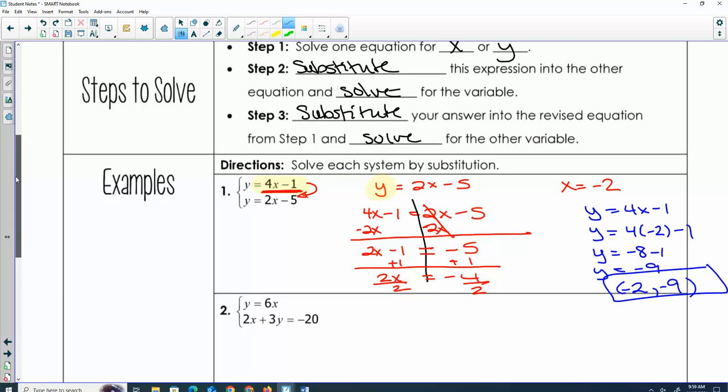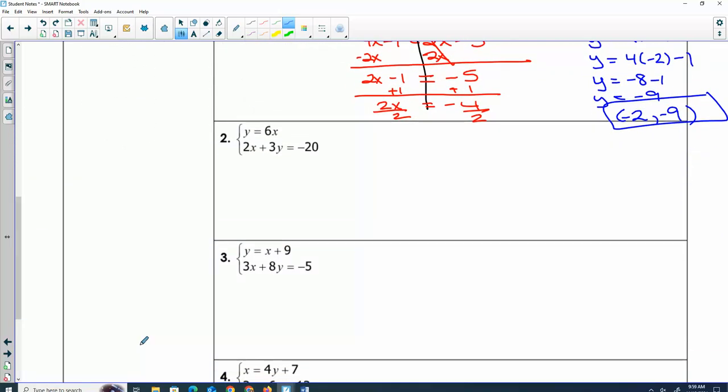Look at number 2. Okay, in the first equation, I already know that y is equal to 6x. So I'm going to sub that into the second equation. So my second equation is 2x plus 3y equals negative 20.